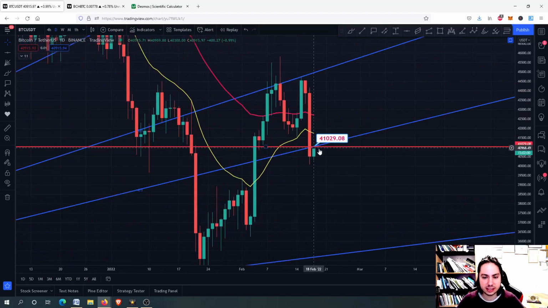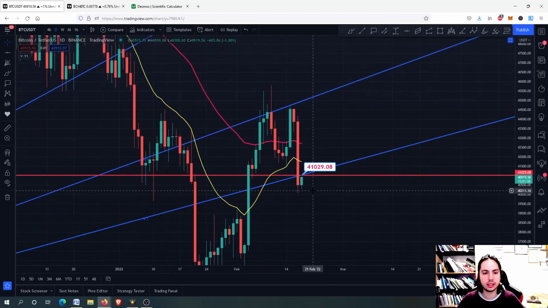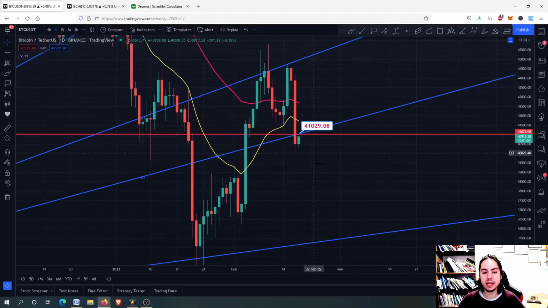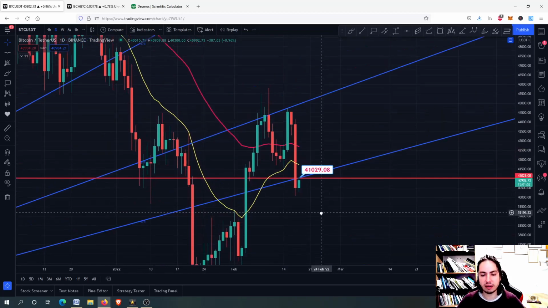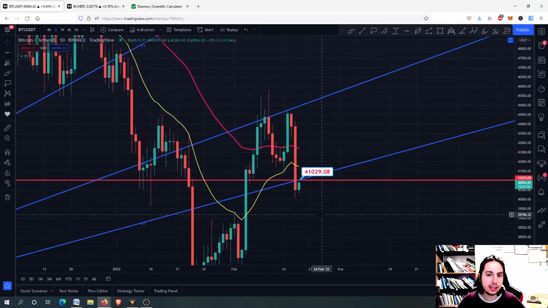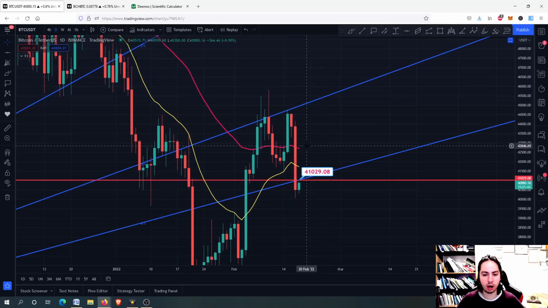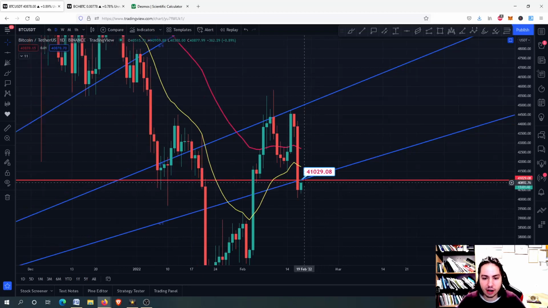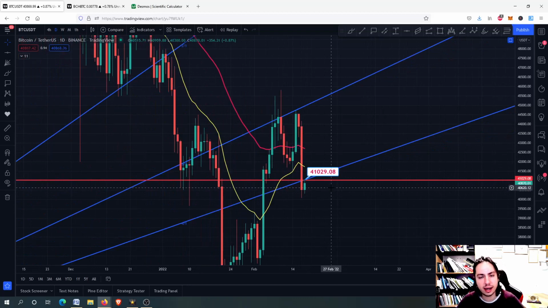So if we get rejected from 41,000 USD, then we will possibly get further down into lower support levels. Definitely this is something you should keep an eye on. You can short the positions, you can do whatever you want. So we have this scenario going on: if we get rejected from 41.1k to 41k, then we are going further down.